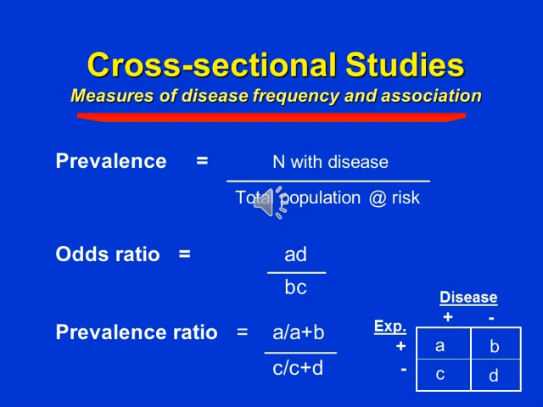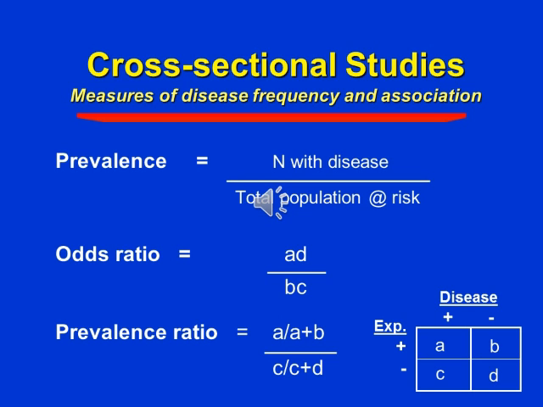In terms of a measure of disease association, we often calculate the odds ratio, which is simply an estimate of the risk of acquiring a specific disease or of having a specific disease given a certain characteristic. For example, in this case, it was the odds of having STI if you were older relative to when you were younger.